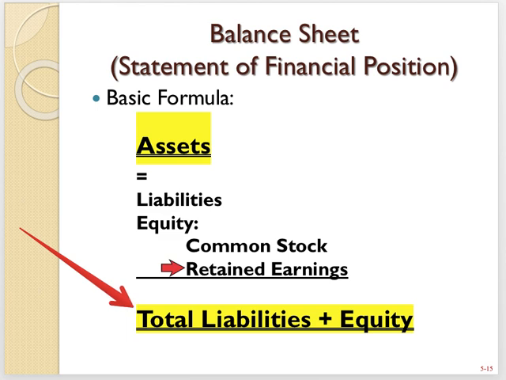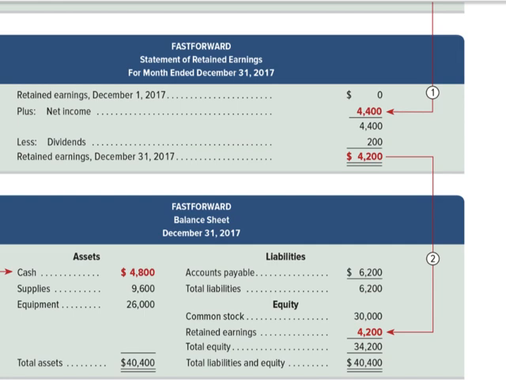Okay, so let me show you what the balance sheet looks like with numbers in it. Okay, so here you see the balance sheet. And again, this is on page 20 of your textbook.